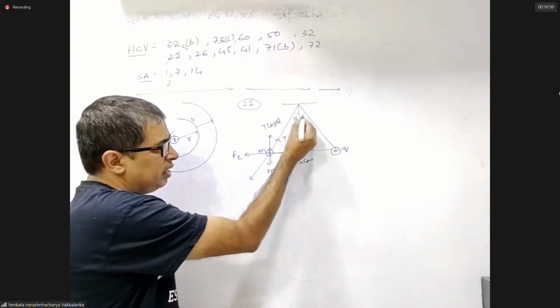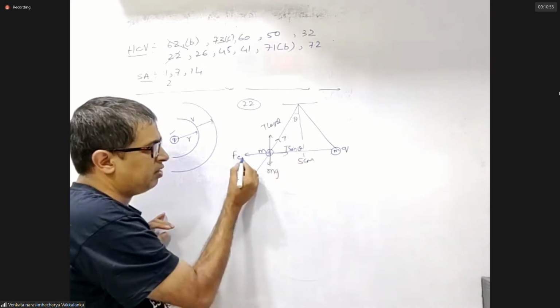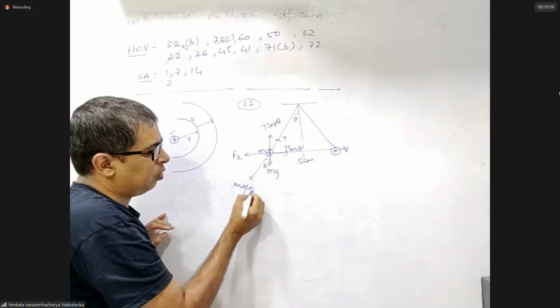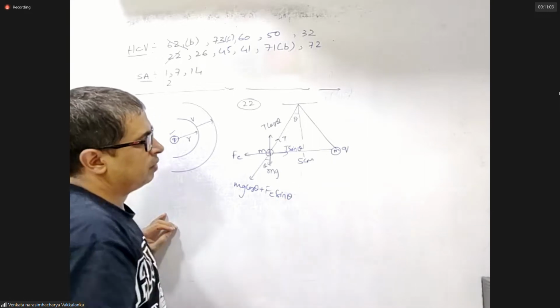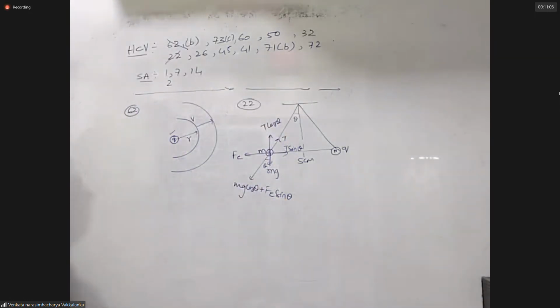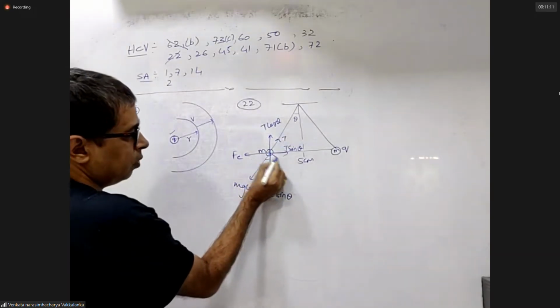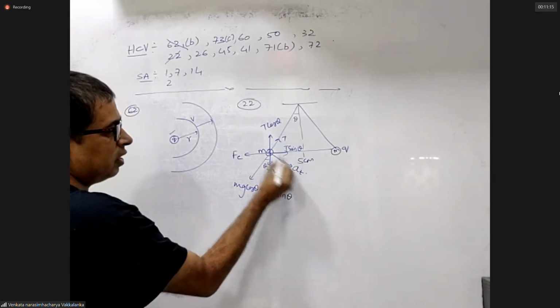You're releasing it at theta, so mg cos theta and Fe sin theta. This will be theta. T will be mg cos theta plus Fe sin theta. He asked you even tension, if I am right. But bottom line, you released from here. Whatever is the acceleration, it will be only in this direction.